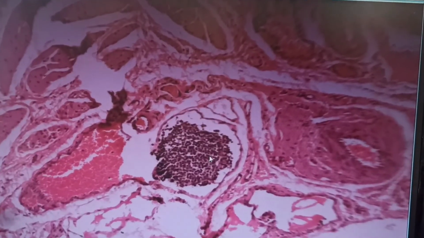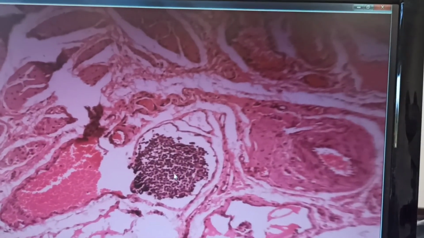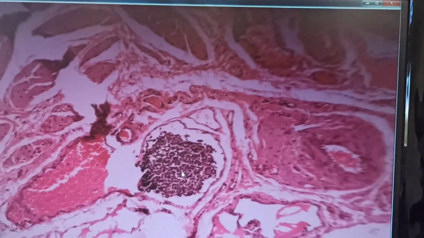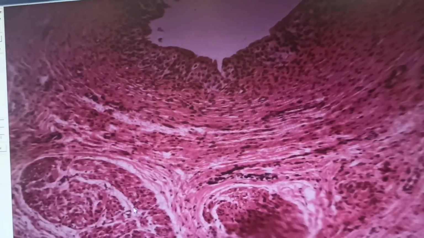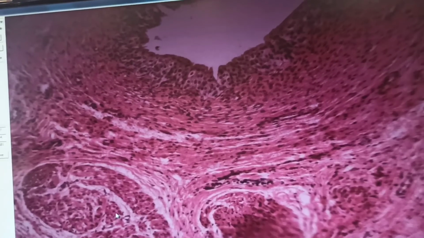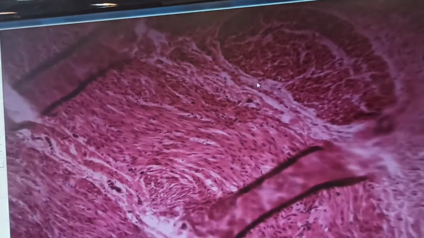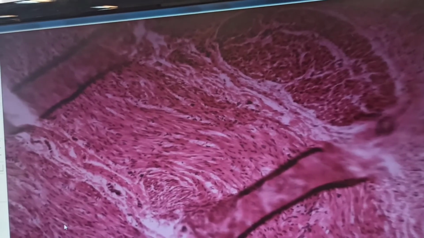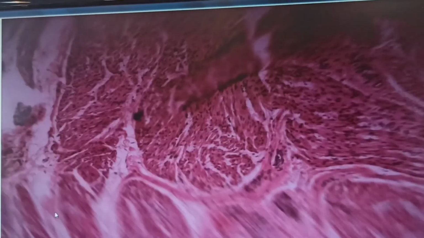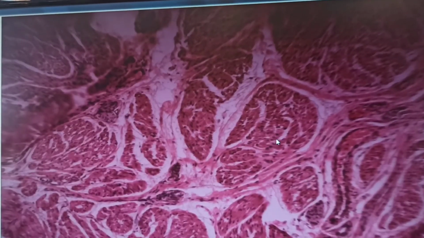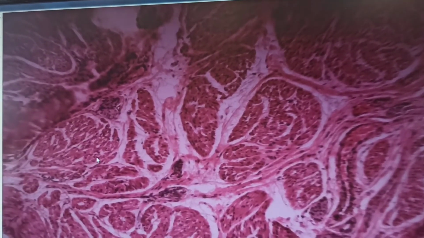Aggregation of lymphocytes in the connective tissue. Longitudinal, inner longitudinal, middle circular, and again outer longitudinal. You can see again we have round nuclei, with two nuclei.